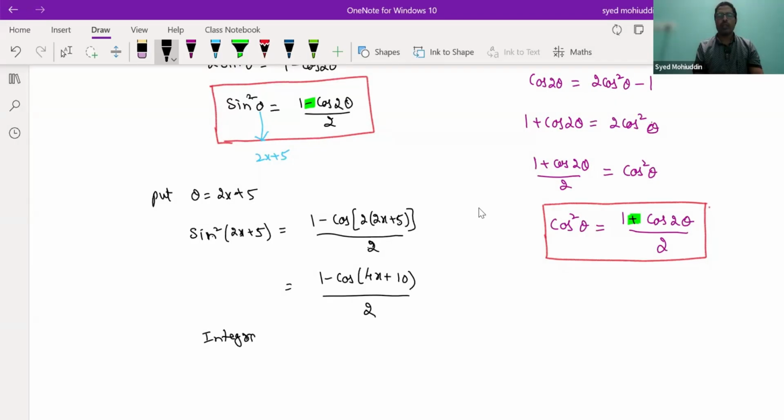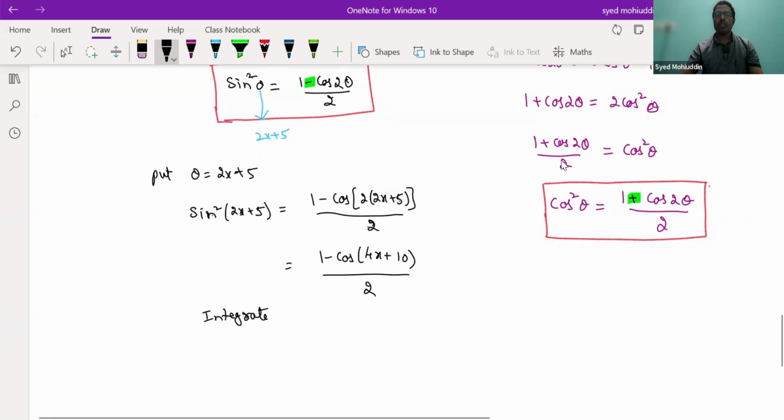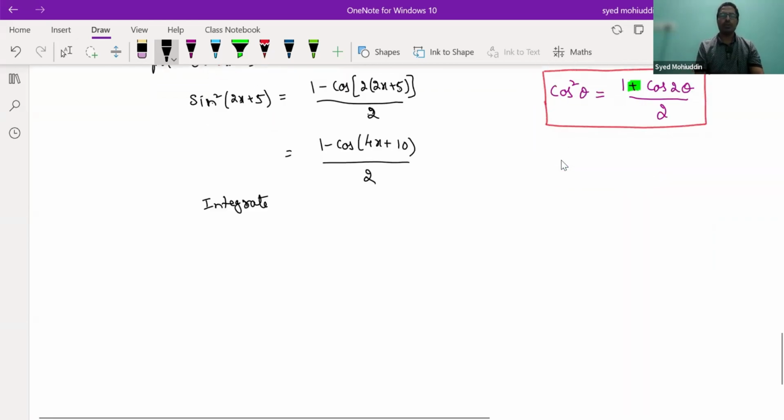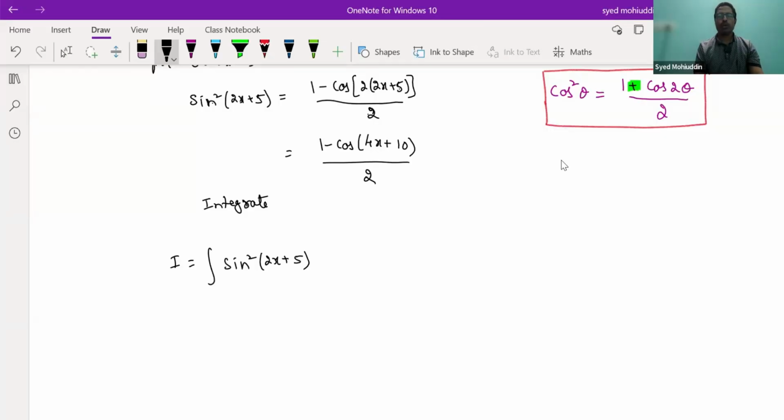If I try to integrate, I'll put the integral I equals integral of sine square of 2x plus 5 into dx. So I'm integrating it. But we know the value of sine square of 2x plus 5, it is 1 minus cos of 4x plus 10, whole divided by 2, into dx.